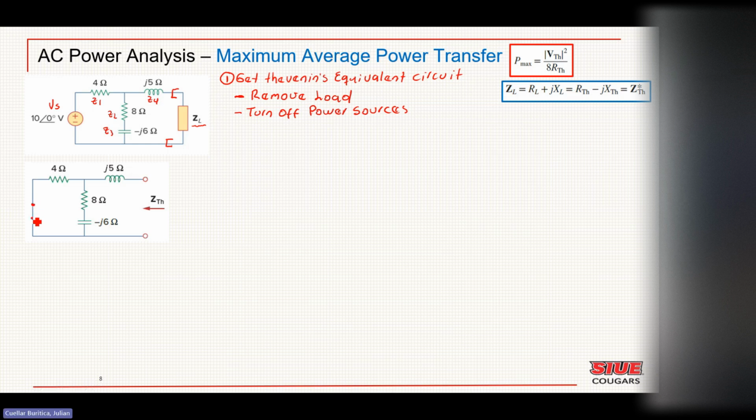Here is our VS power source, Z1, Z2, C3, and C4. And now what we need to get is the Thevenin equivalent of that circuit.